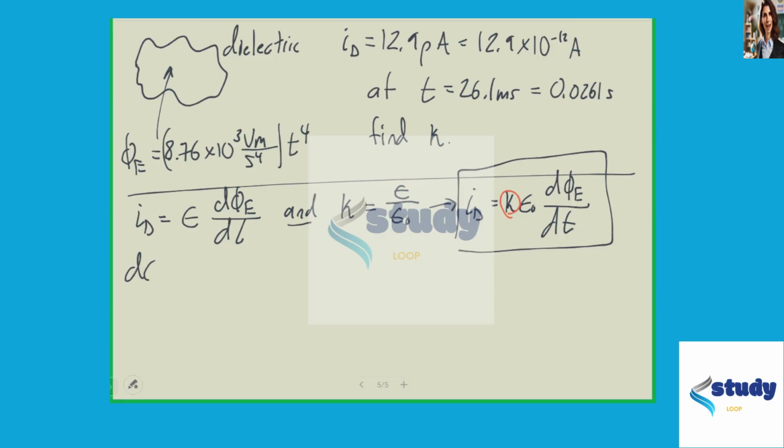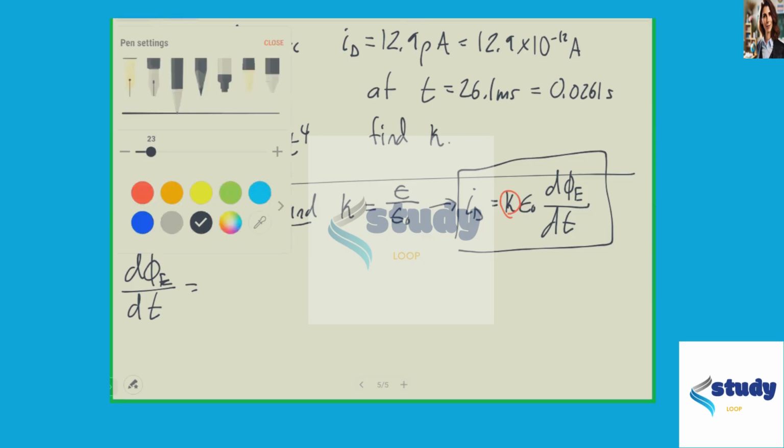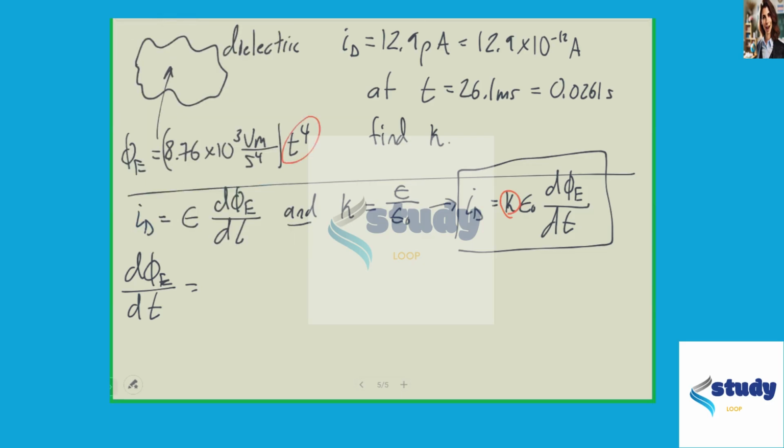So what is the rate of change of the electric flux? Well, we have a formula for the electric flux, right? It's up there. So all you have to do is take the derivative of this function right here. So what's the derivative of t to the fourth? Well, the derivative of t to the fourth with respect to time is 4t cubed.